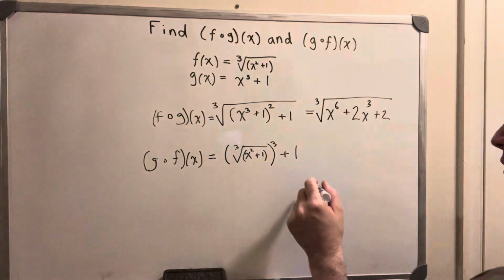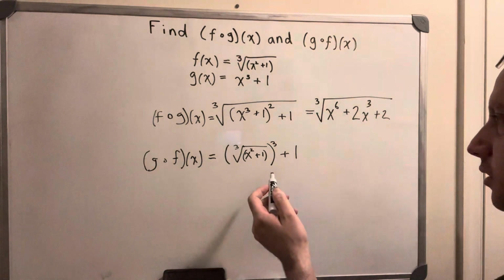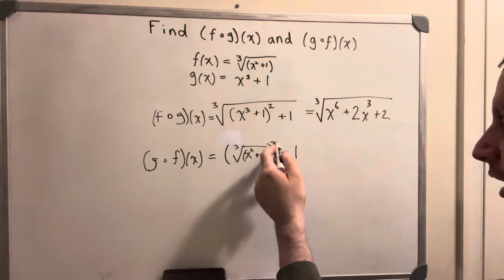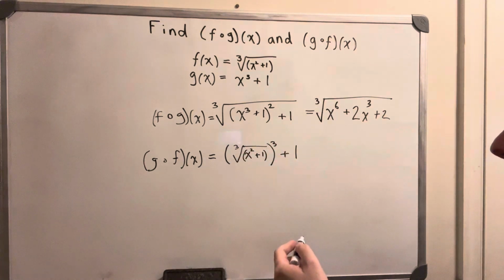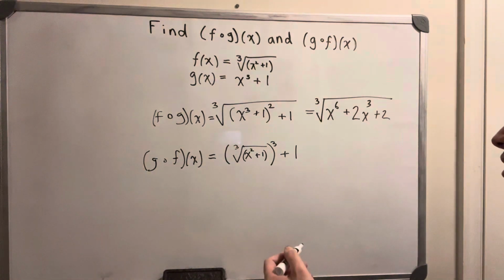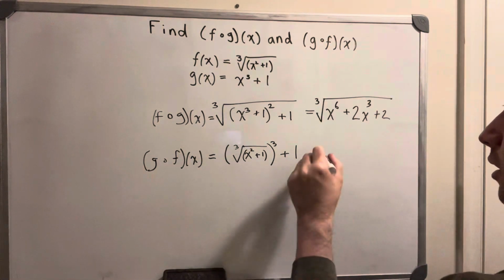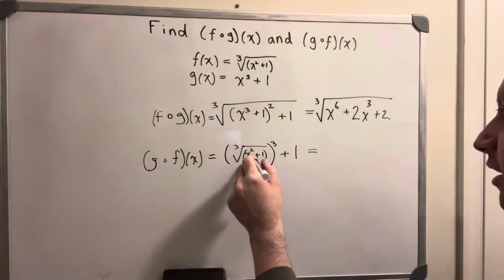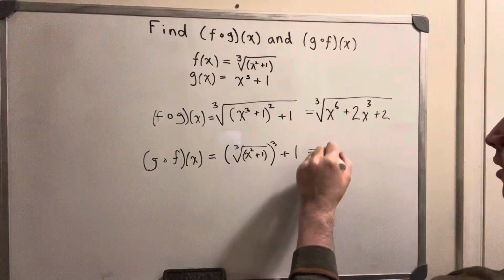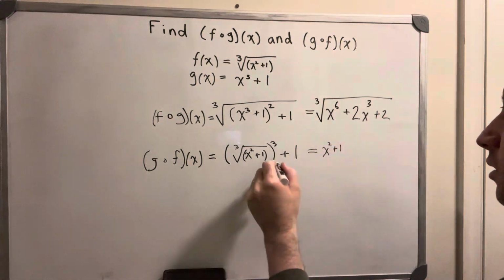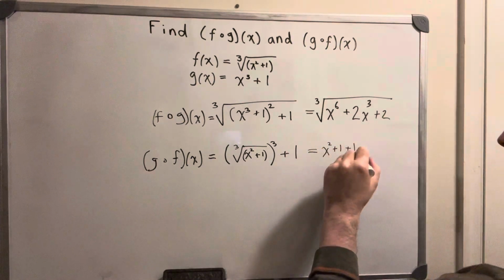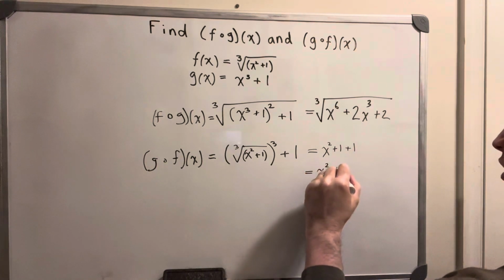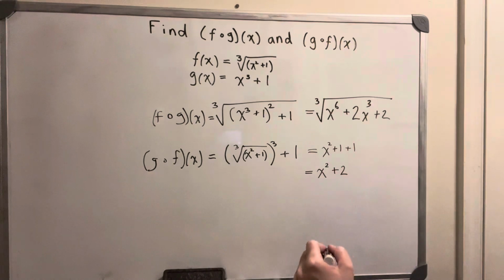Now this one, what simplification do you see? This is a cube root. This is raised to the 3rd power. What happens? They cancel out. And so what's left is what's inside. x squared plus 1, and then this plus 1, which is equal to x squared plus 2.